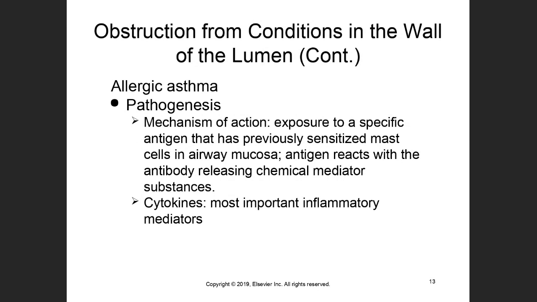Allergic asthma mechanism of action: exposure to specific antigens that have previously sensitized mast cells. The patient has to be exposed first, you develop the antibody, that is the immunoglobulin, and then when you are exposed again, that is when you have the allergic reaction.